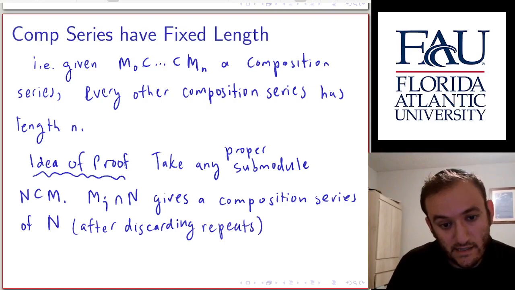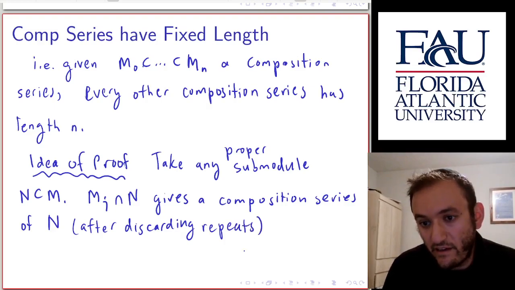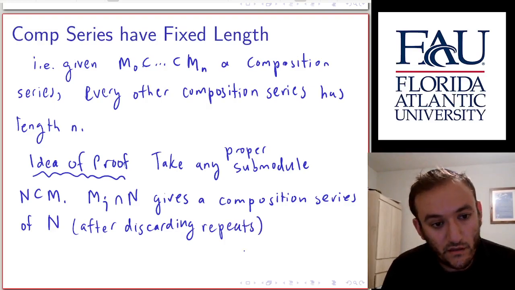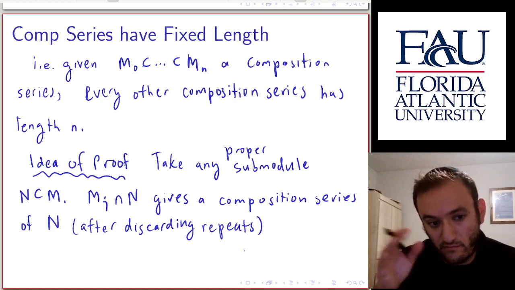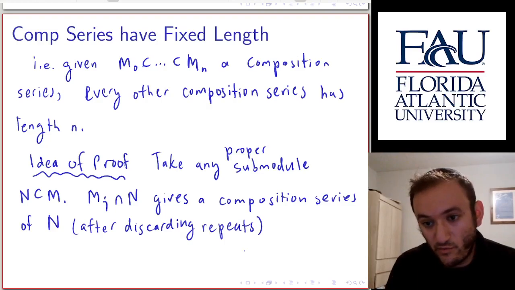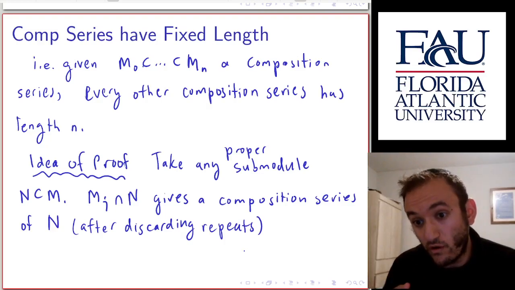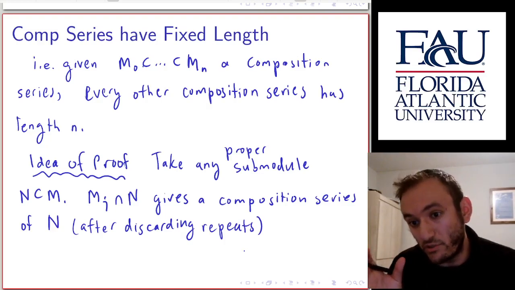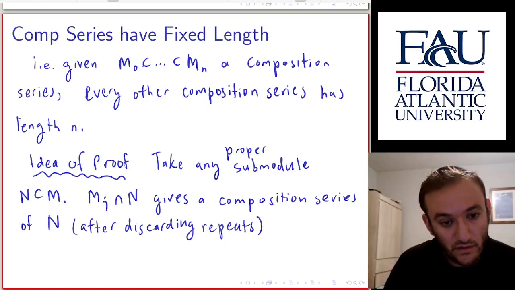Because you're always going to have the quotient of Mi plus 1 intersect N by Mi intersect N either being the 0 module or the whole module, because it's supposed to be a simple module.